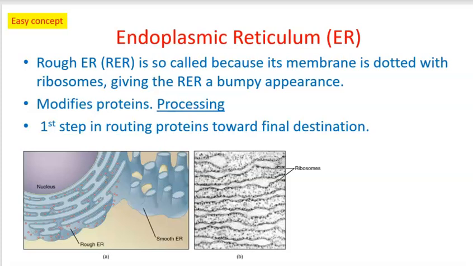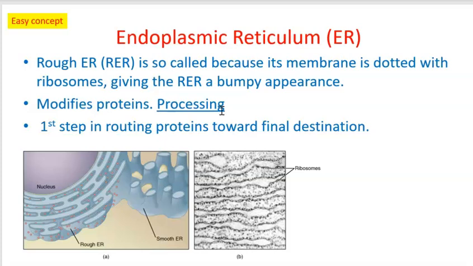It is called rough because it has ribosomes on the surface. So the ribosomes are going to be synthesizing the proteins. They get fed into, like squirted into, the endoplasmic reticulum by the ribosomes as they're being made. And then the proteins are going to be processed.